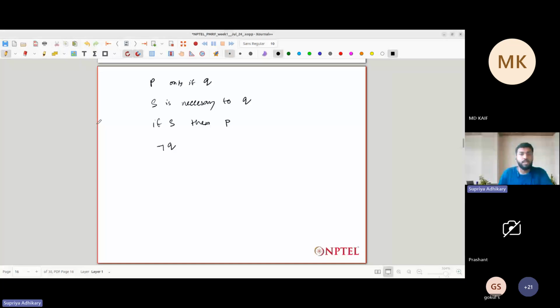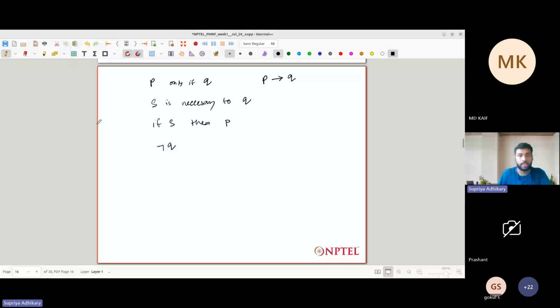Okay, so P only if Q. P only if Q means that only when Q is occurring, then P happens. So this is nothing but P implies Q, because Q is a necessary condition for P, not the other way around.